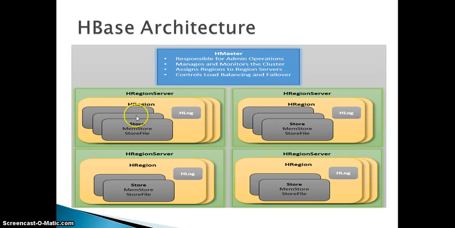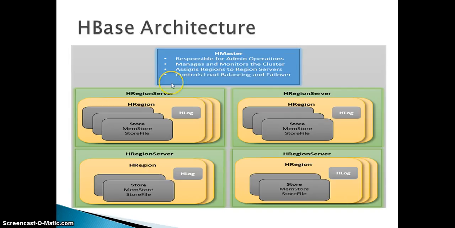When I say HRegion server, it's a group of HRegions. HRegions are nothing but a group of data nodes. So what does the HRegion server do? It hosts and manages the regions, splitting the regions automatically, because typically each HRegion server will have the same number of HRegions.